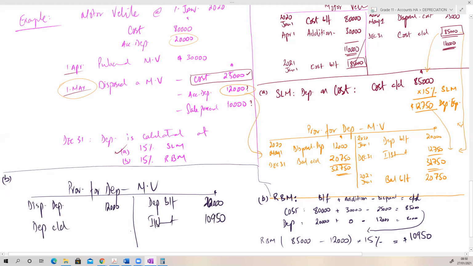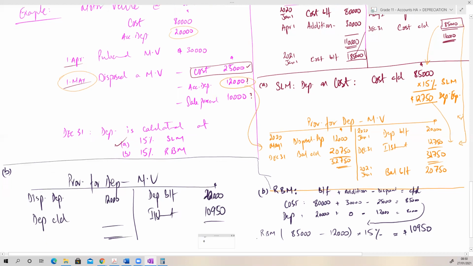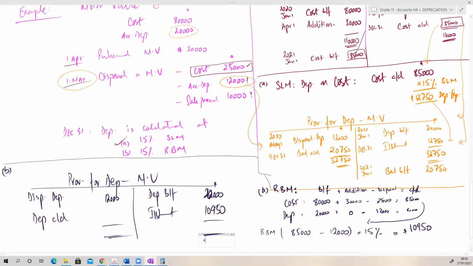So depreciation carried down will be calculated here: 10,950 plus 20,000 minus 12,000.